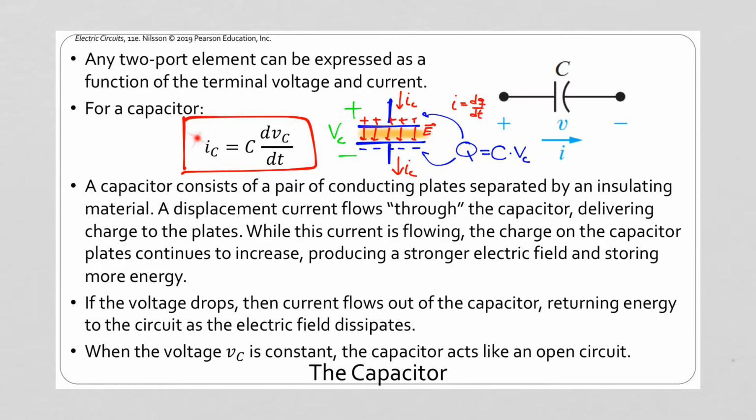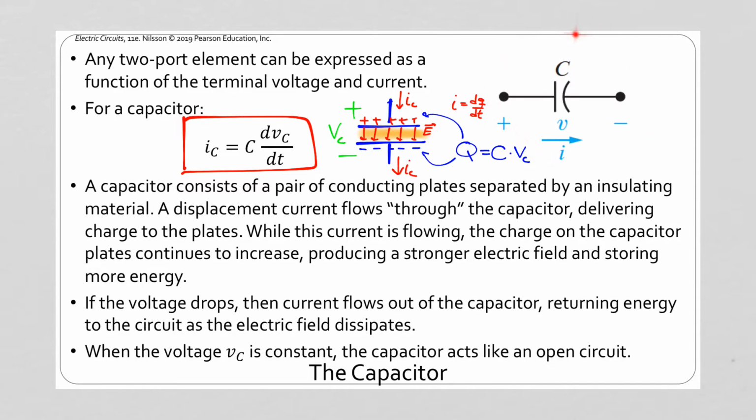Note that if a current is flowing to the capacitor, that means the current is coming in. That current is bringing charges in. Those charges are building up on the capacitor plates. So if the current is coming in as positive, then the change in voltage would be positive because that increase in charge would increase the voltage. If the current was flowing the opposite way, that would correspond to the voltage decreasing, because if current was leaving, that would mean that the charge was dissipating across that capacitor, and so it would be losing charge.